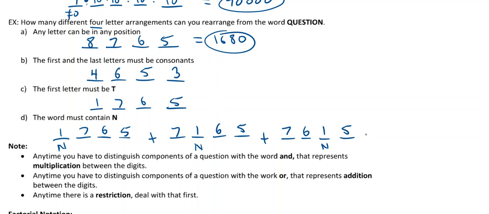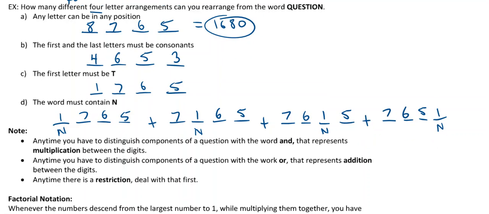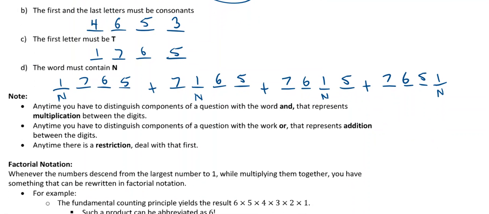There was 1 way for that to happen. And then it could be at the end. N's at the end, 1 way, and then 7, 6, and 5. Okay, so if you do all that, this would have been 210. This would have been 210, and yeah, all 210, right?